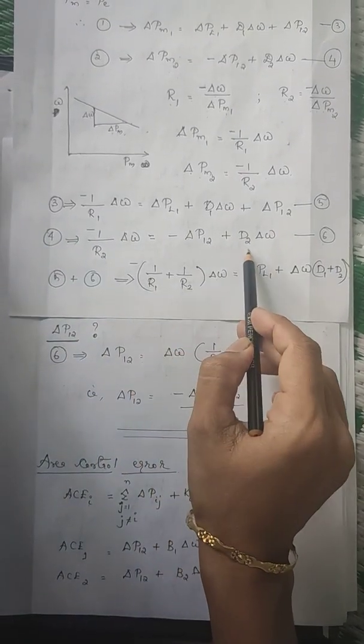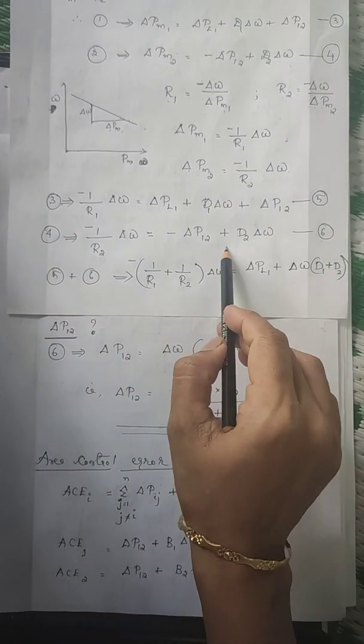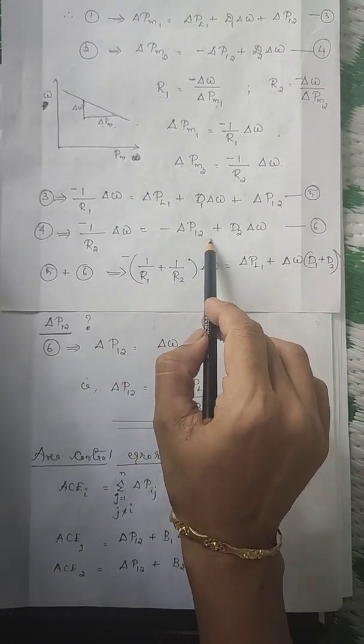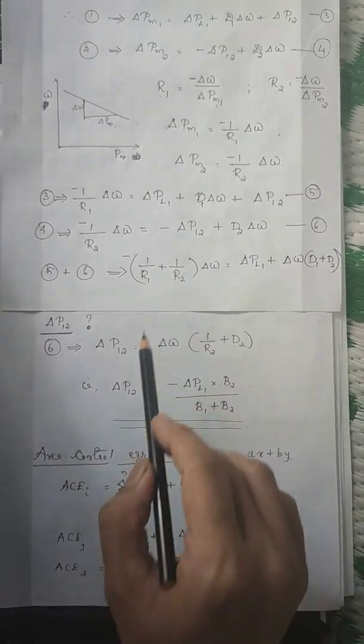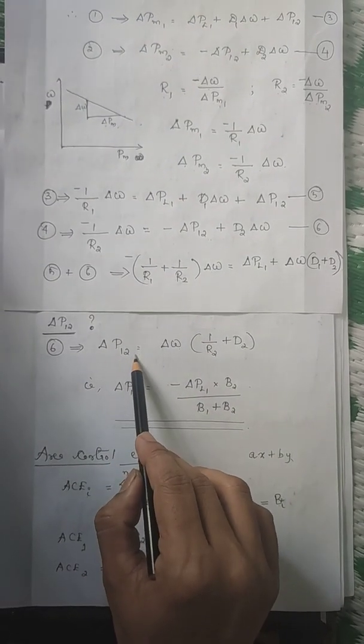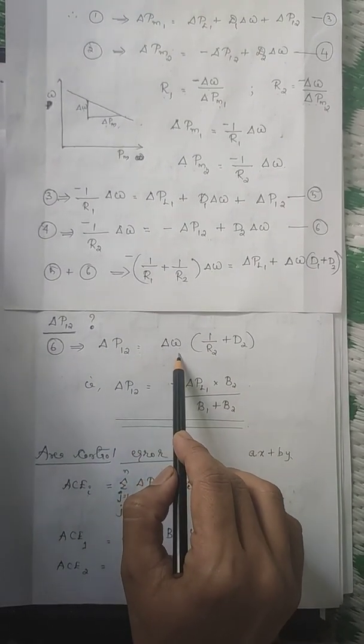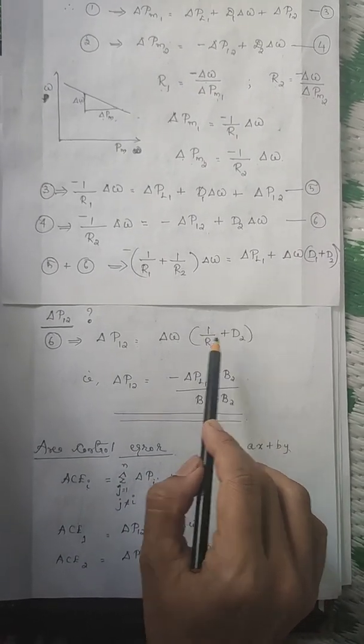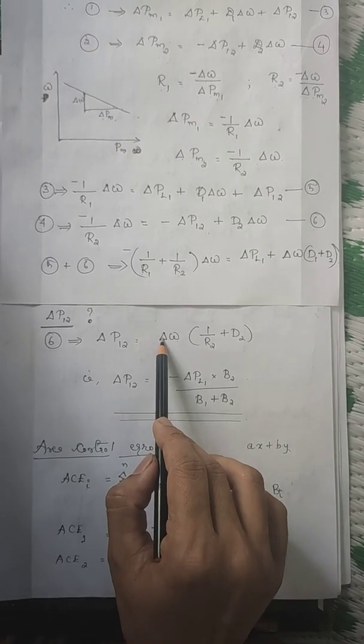In this equation we have the term delta P12, and by rearranging it we can write delta P12 as delta omega into 1 by R2 plus D2, and we already have the value for delta omega.